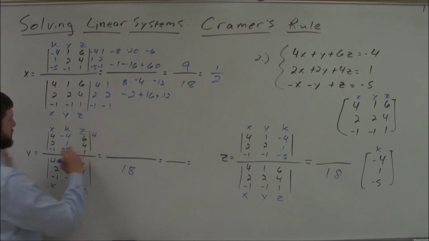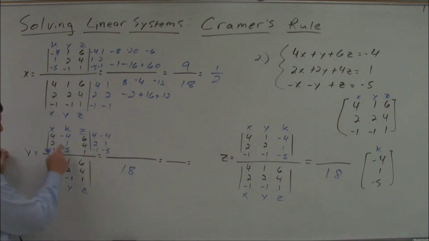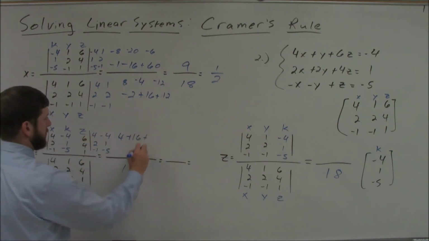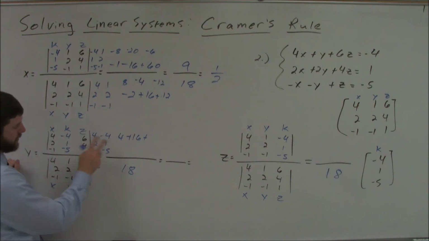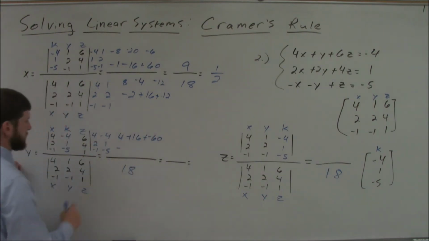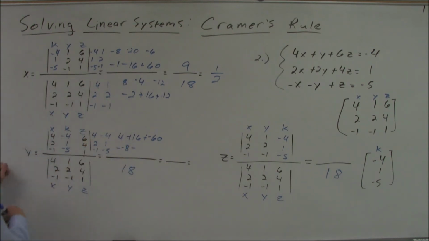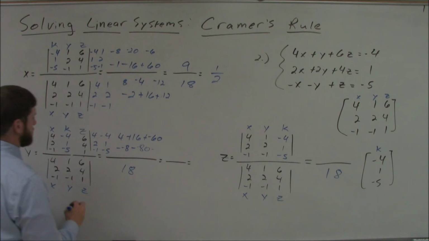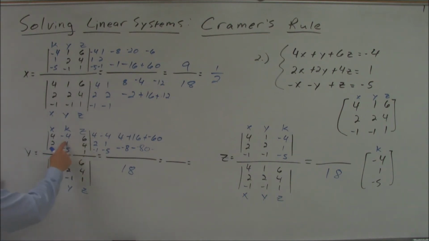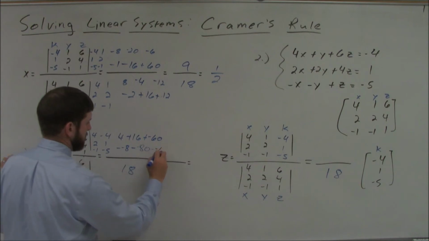Let's do the y numerator. 4, negative 4, 2, 1, negative 1, negative 5. 4, 1, 1 is 4, plus negative 4, 4, negative 1 is 16, plus 6, 2, negative 5 is negative 60, minus negative 4, 2, 1 is negative 8, minus 4, 4, negative 5 is negative 80, minus 6, 1, negative 1 is negative 6.